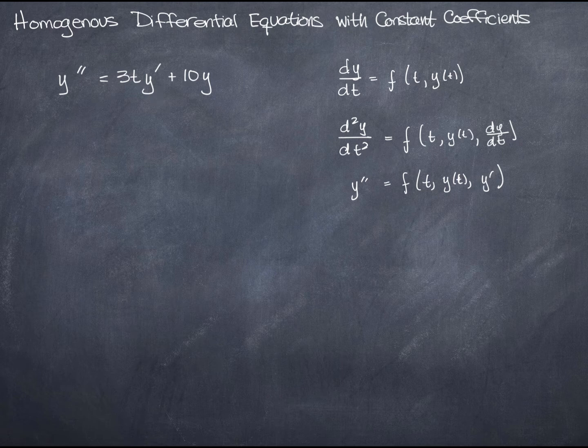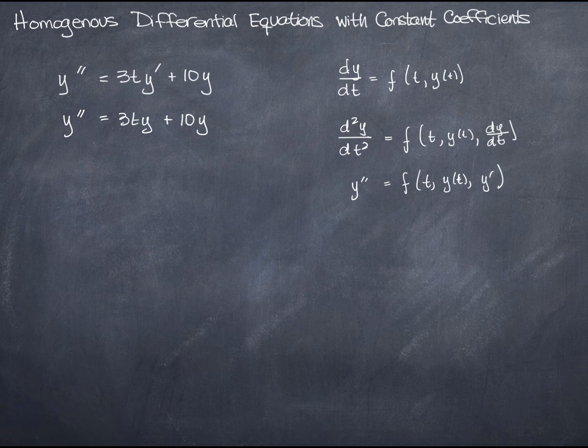In another example I gave you, this is also a function of t, y, and y prime, but the coefficient of y prime is 0. So this is the form that second order differential equations frequently take.